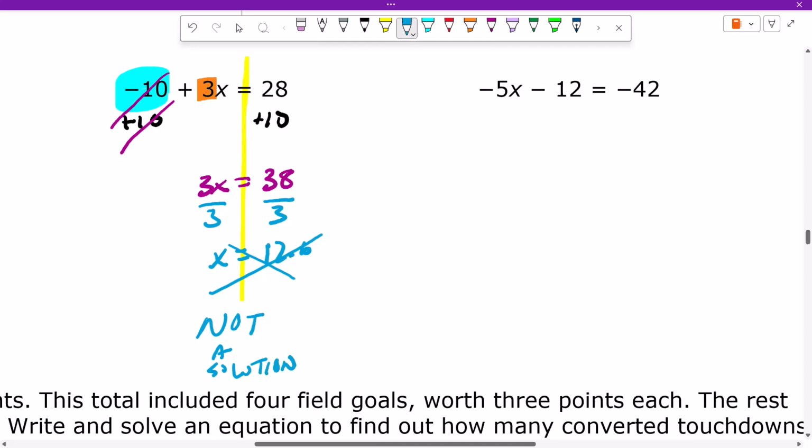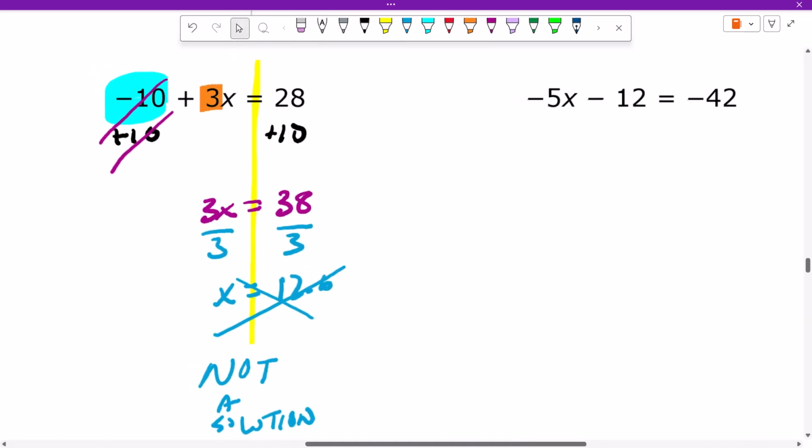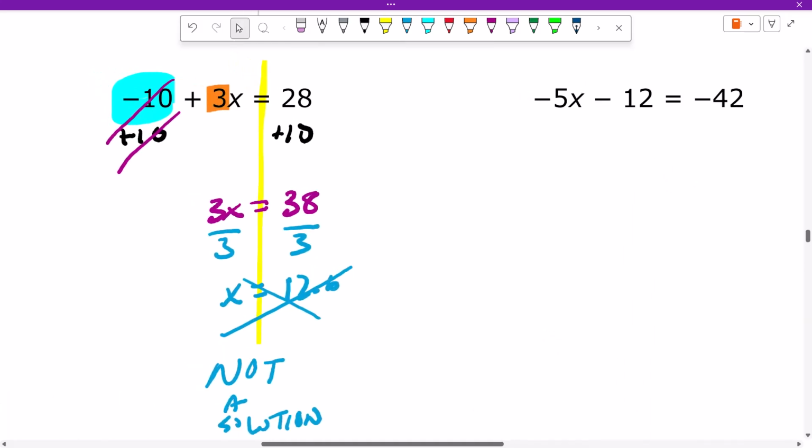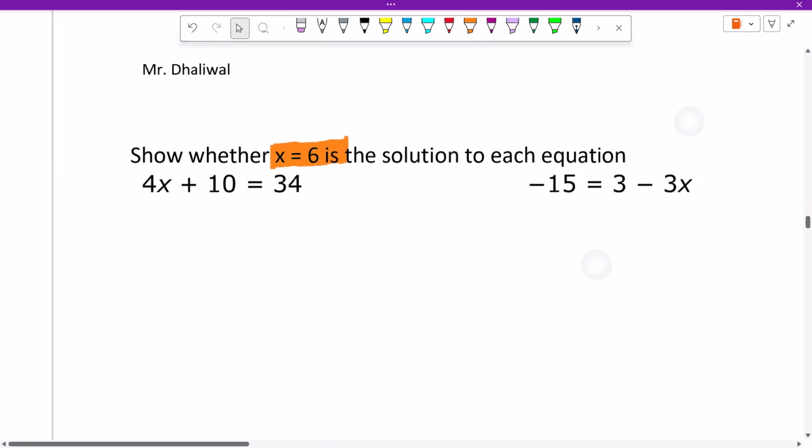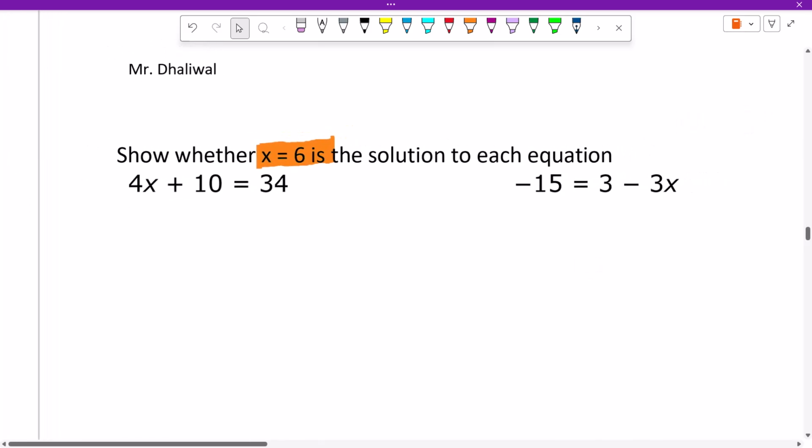You can just look at the questions just like the first page, solve it. If the answer is 6, you go, yes, it's good. Or what you can do is plug the number in. For example, if you take 6 and you put it inside of here where the x is, if you get this answer out, that means 6 is the right answer.